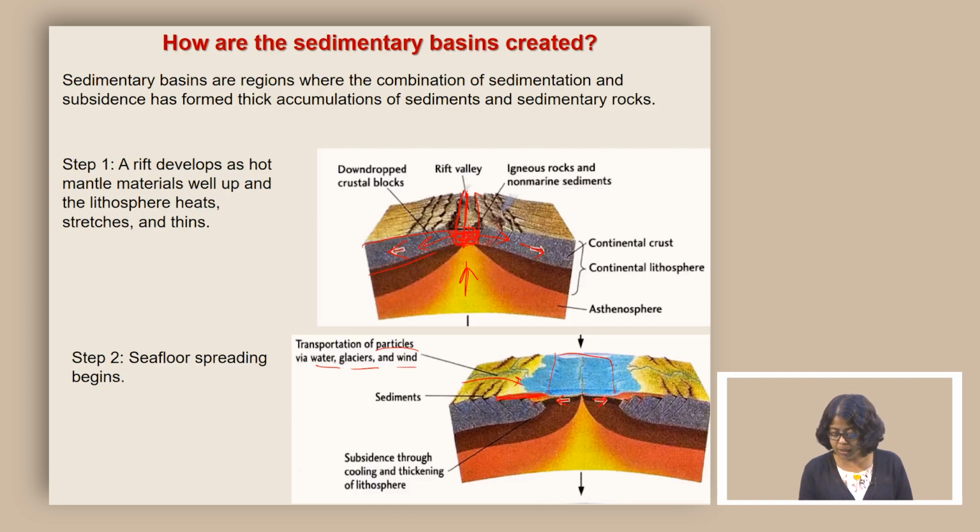So, all these sediments on top of these existing lithosphere are making them heavy, and they are kind of going down, okay. They are becoming thick, and this is the part where the oceanic lithosphere is forming, and as they are forming, they are pushing these plates away from each other.